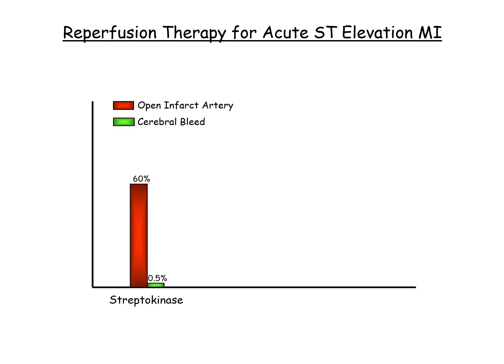So newer generation thrombolytic drugs and second generation medications were introduced later on, such as TPA, which improved the patency of the infarct artery up to 80%, but it also had a 0.7% risk of cerebral bleed. And that's why investigators started looking for more effective reperfusion therapy with less risk of cerebral bleeds.